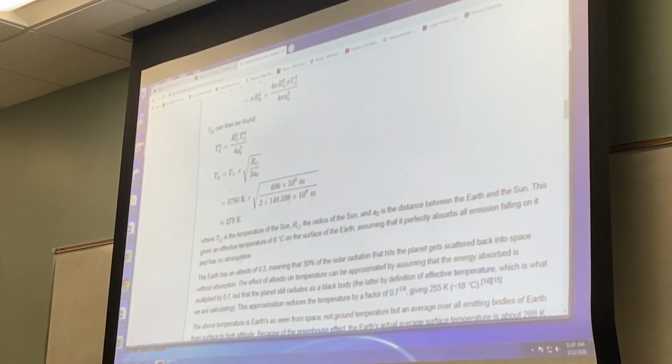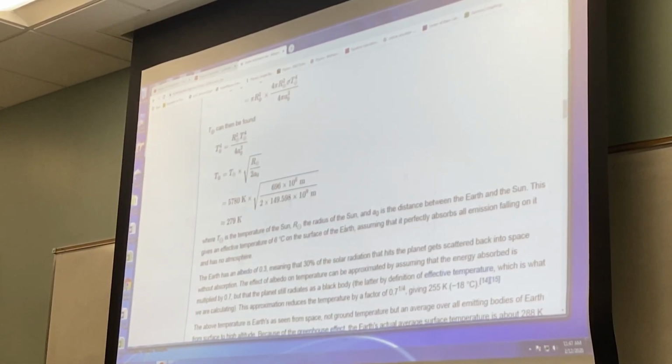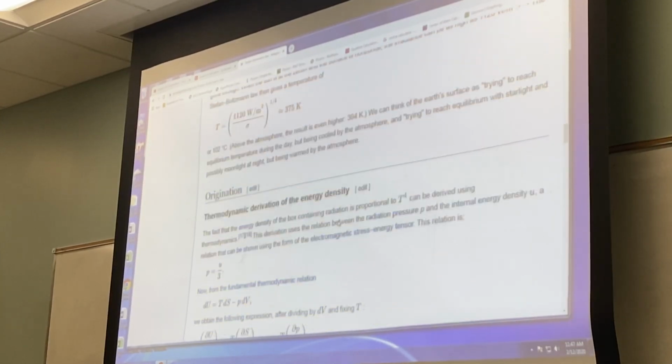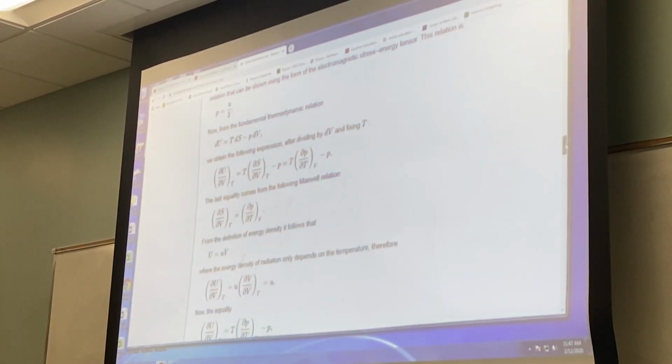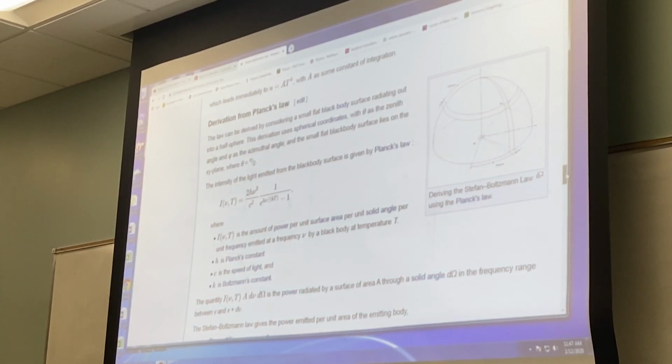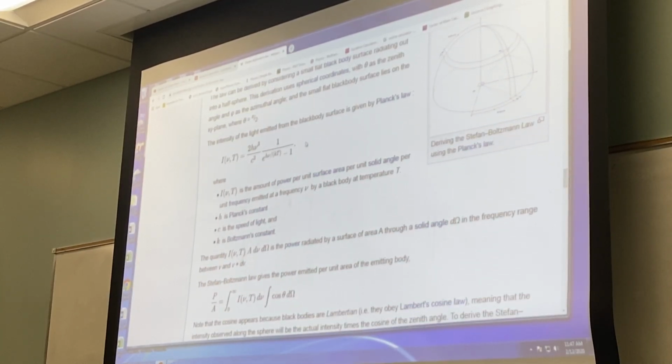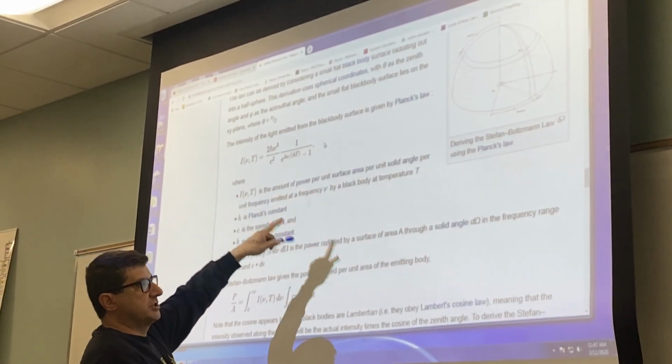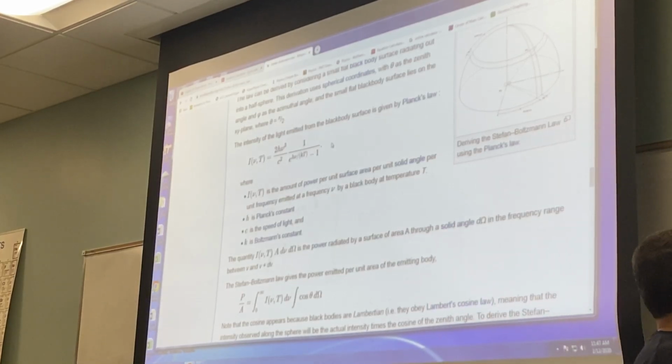Very interesting, astronomy related. Oh, this is the equation for this graph. This is the one that I said you'll study in Physics 103. This is the equation describing this thing.